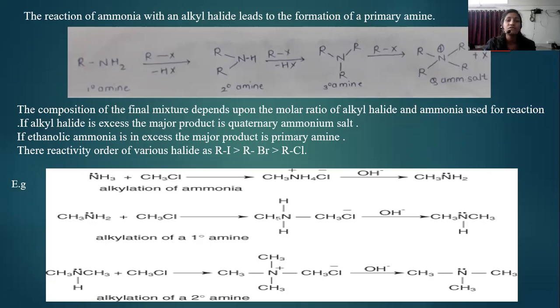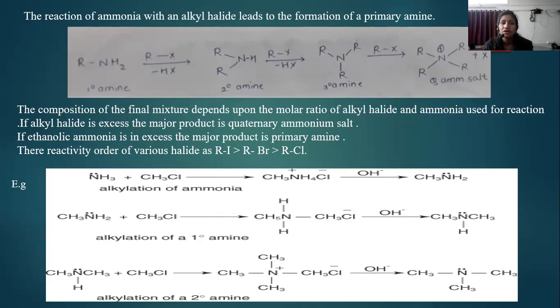The composition of the final mixture depends on the molar ratio, that is, the molar ratio of alkyl halide and ammonia used for the reaction. If alkyl halide is in excess, the major product is a quaternary ammonium salt. If ethanolic ammonia is in excess, the major product is a primary amine.